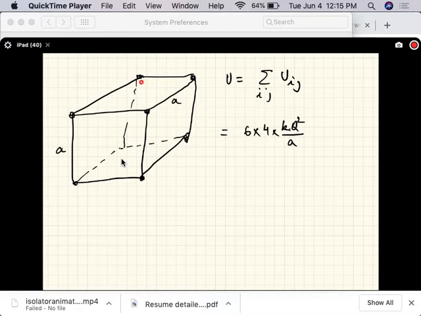Now let's calculate the potential energy with this distance, d1. Okay, so plus kQ square over distance d1. How many do you have per face? 1, 2 independent pairs. Okay, so 2 of those, and then you have 6 faces.